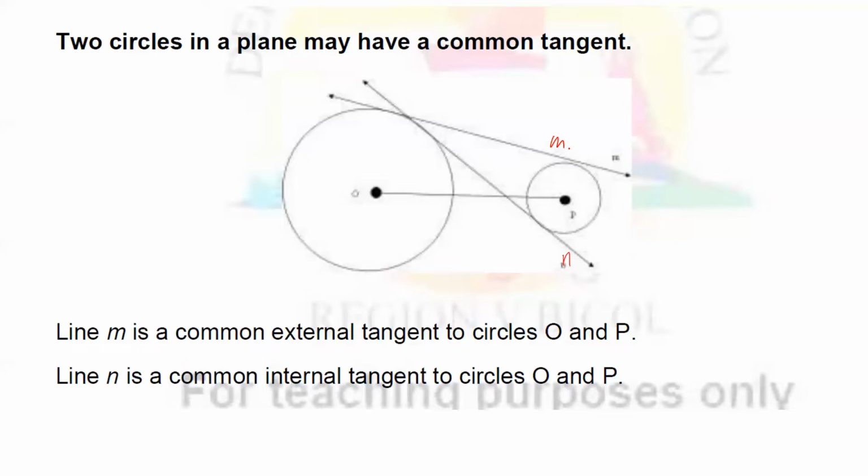The reference is when you connect the two centers. If the tangent line passes through the segment joining the centers, it is called an internal tangent. If the tangent line does not pass through the segment joining the centers, it is called external. So M is external because it does not pass through the segment joining the centers. N is internal since it passes through here, they have a point of intersection. This is the difference between internal and external tangent. You only have internal and external tangents when you have two circles. If you have only one circle, it is just a tangent.